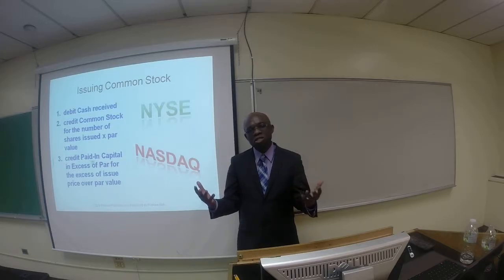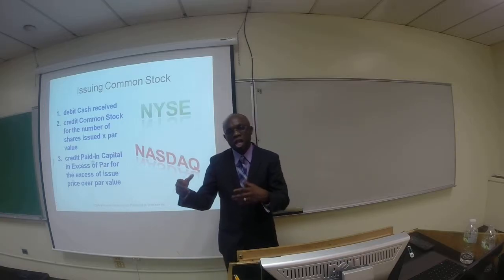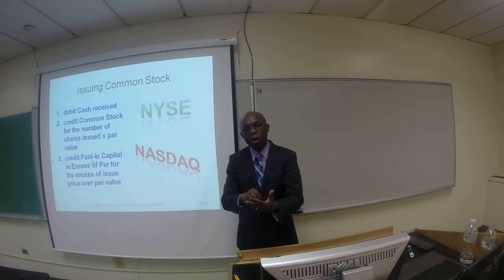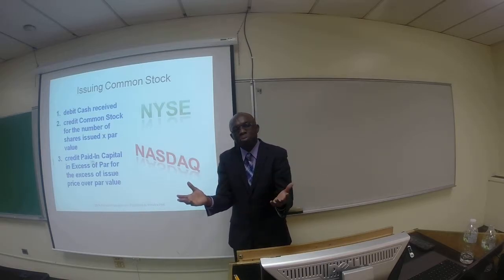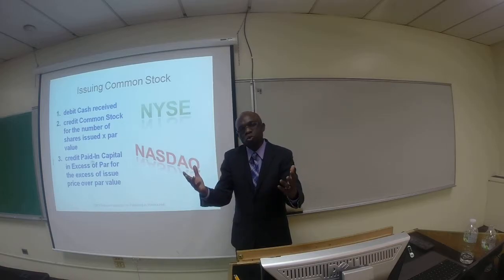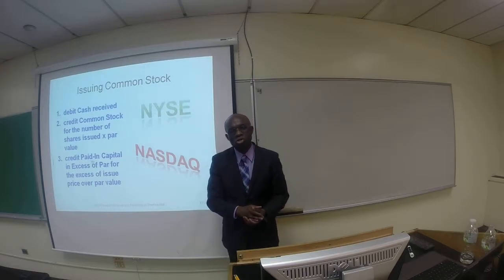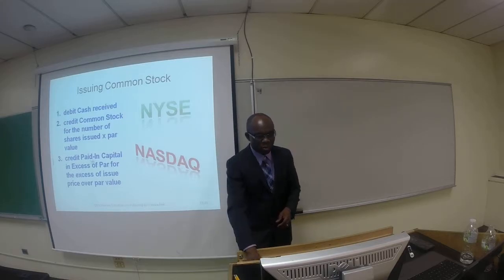The par value is a random amount. When you set up your corporation with the government and you complete your paperwork, you just specify what the par value of the stock is. $1, 50 cents, it is what it is. And by the time you specify that amount and your application is approved, then you cannot sell the stock for less than the par value. So that is what par value is.